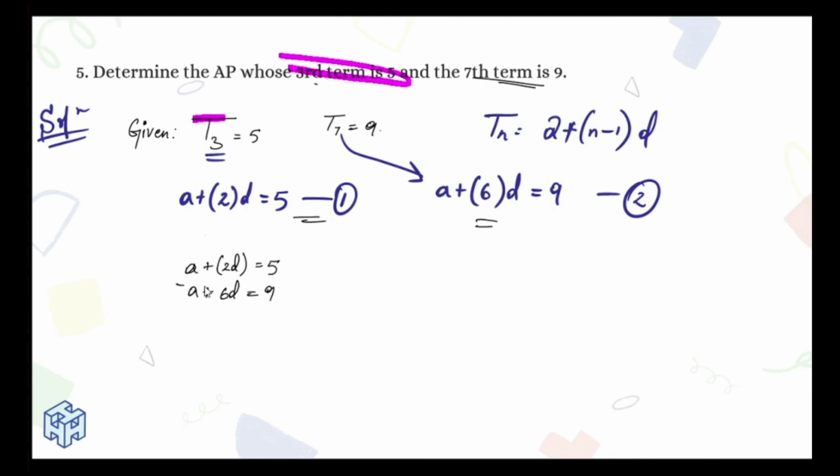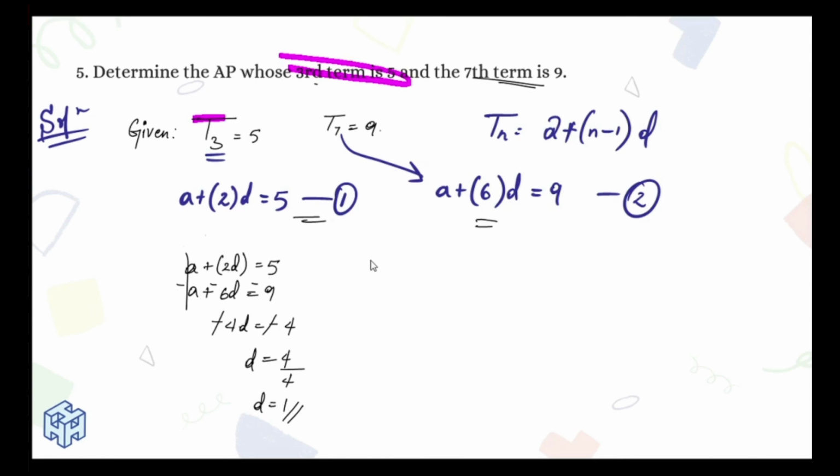Now plus will change to minus, so a minus a gets cancelled, and 2d minus 6d will give us minus 4d, which is equal to 5 minus 9, which will give us minus 4. So minus and minus get cancelled, d is equal to 4 by 4, therefore d is equal to 1. So we got the common difference, which is 1.